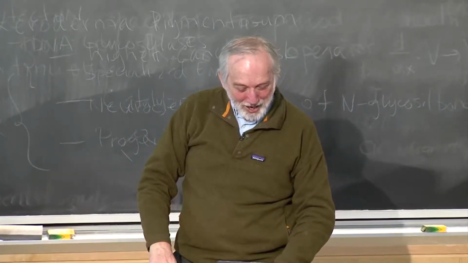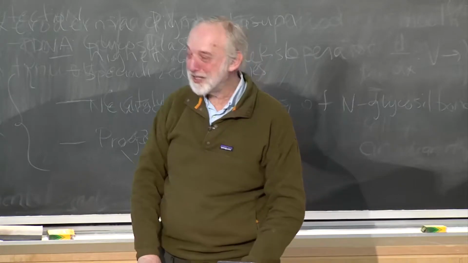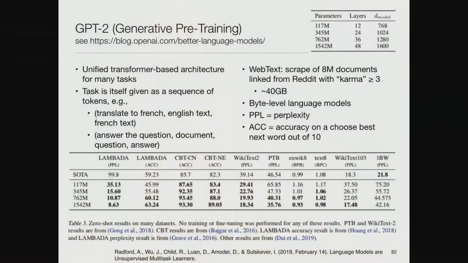Okay. The last thing I want to tell you about is this GPT-2. So this is from the OpenAI Institute, which is one of these philanthropically funded, I think this one by Elon Musk, research institute to advance AI. And what they said is, well, this is all cool, but so they were not using BERT.